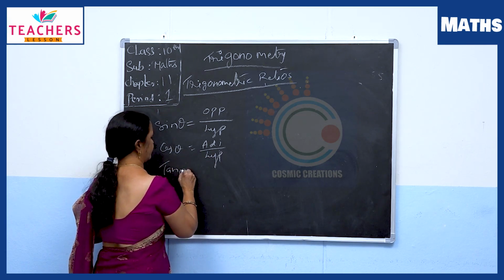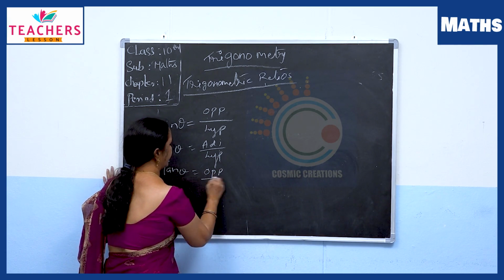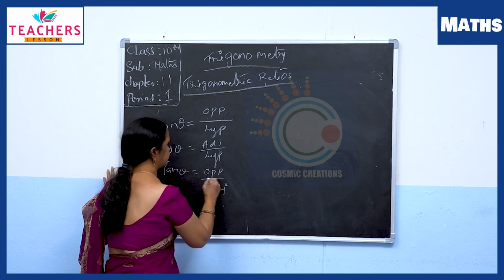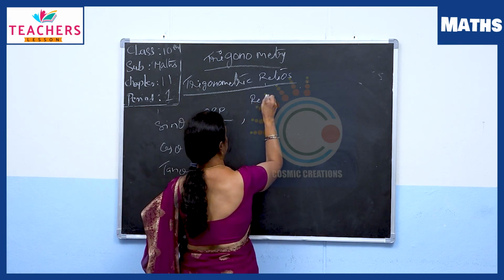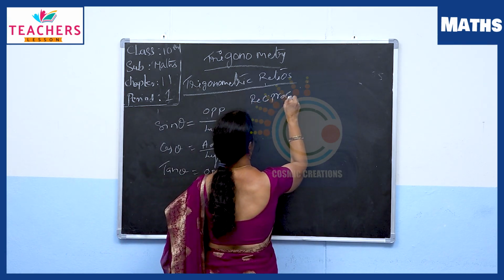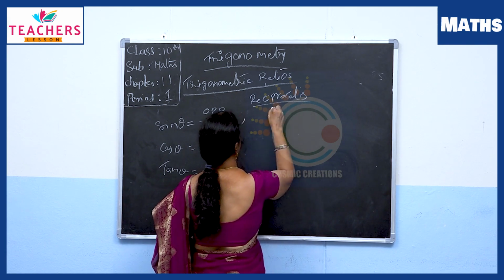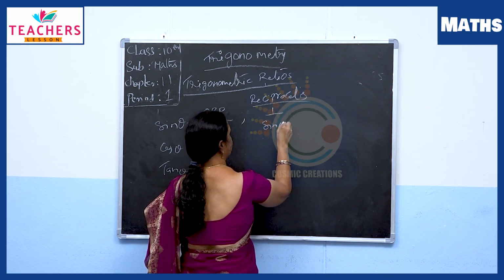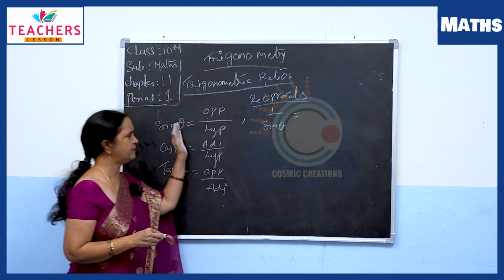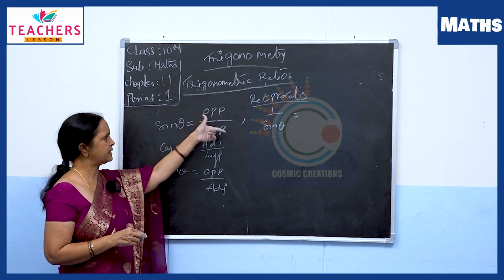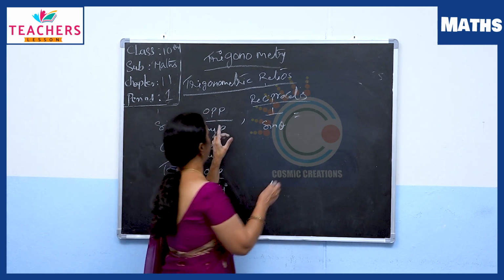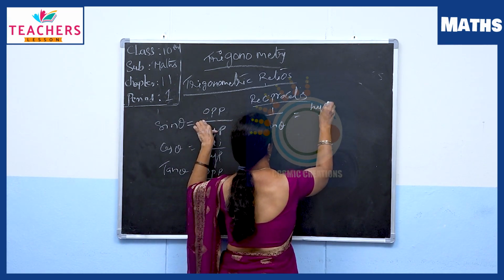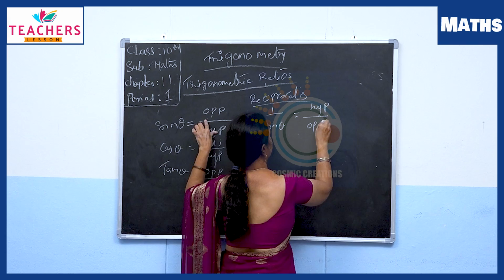Tan theta is equal to opposite by adjacent. Very easy, no? Reciprocals. What are reciprocals? 1 by sine theta. What happens then? It becomes upside down, H by P, hypotenuse by opposite.